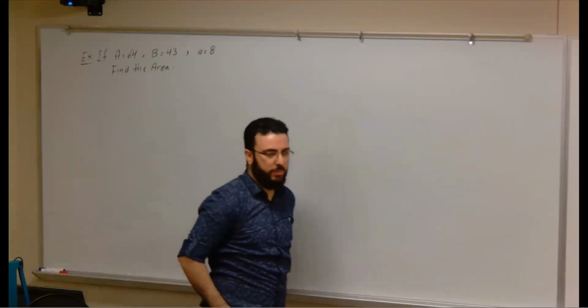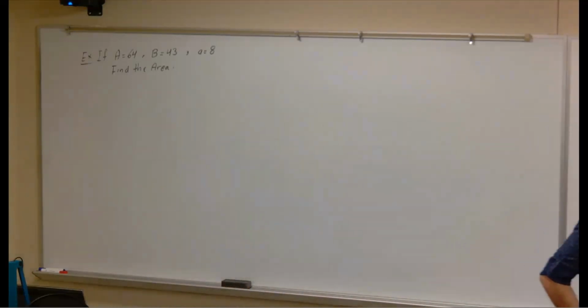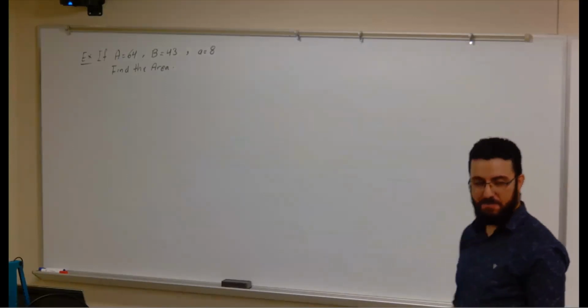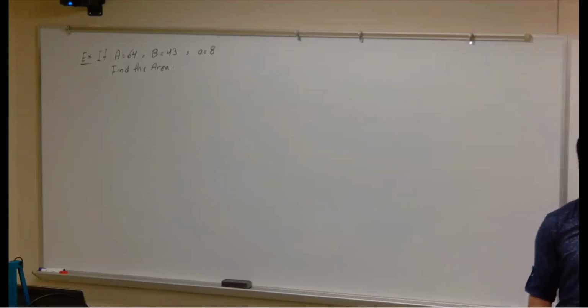One more. Let's check how we're gonna solve this one. We have two angles and one side. So I have A equals 64, B equals 43, and the side A equals 8. Which formula am I going to use?